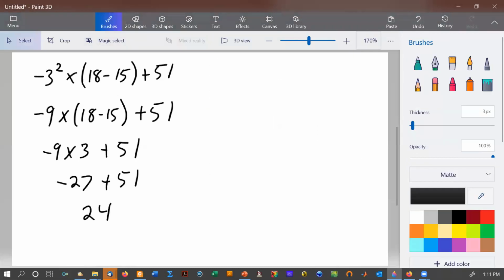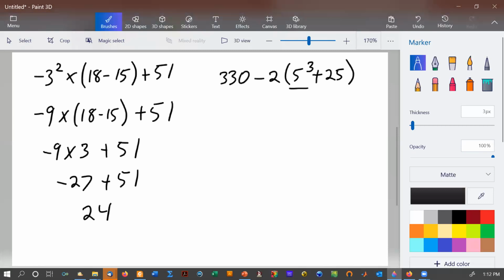Delete. All right. So let's do one more. Let's do 330 minus 2 times 5 cubed plus 25. Again, exponentiation comes first.